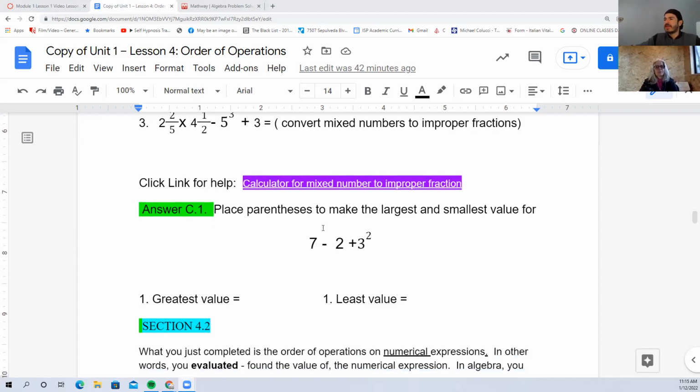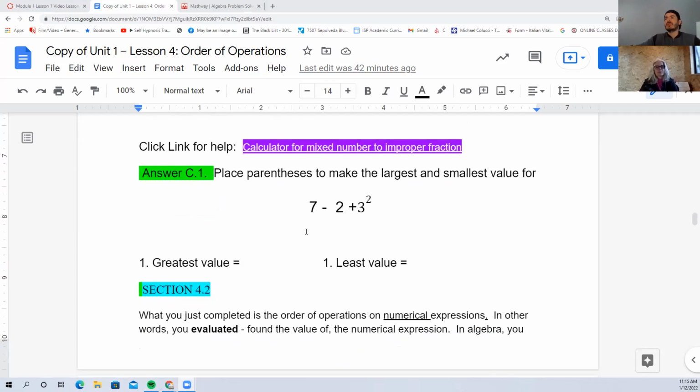Place parentheses to make the largest and smallest value for 7 minus 2 plus 3 squared. Okay, this is kind of a fun one. Well, what are the options here? Place parentheses to make the largest and smallest values.